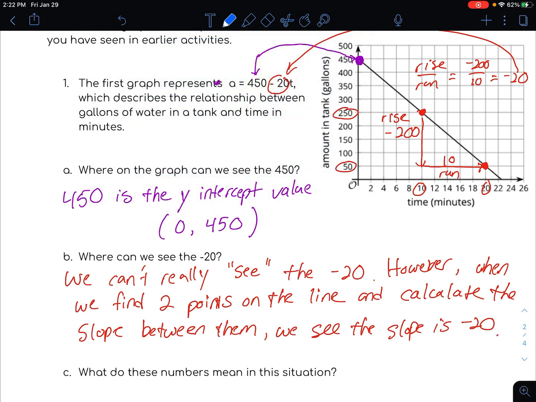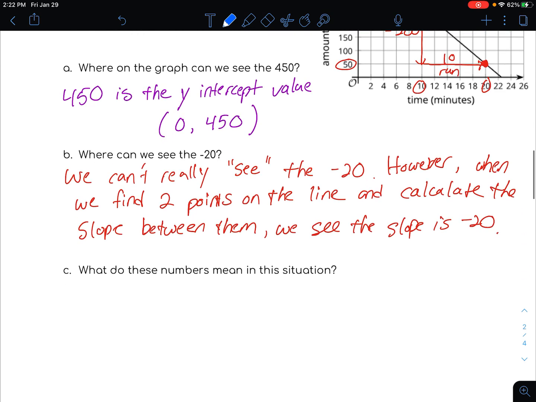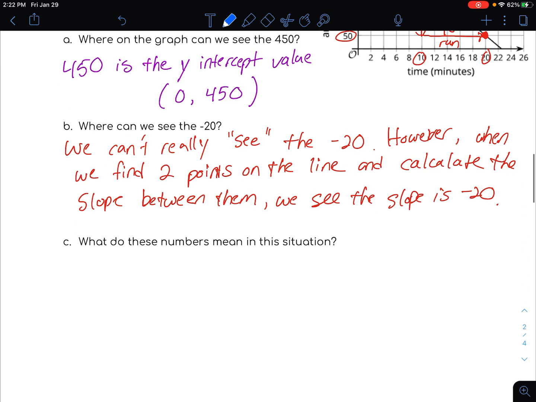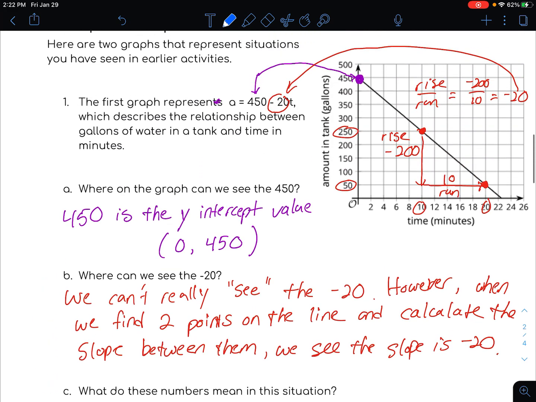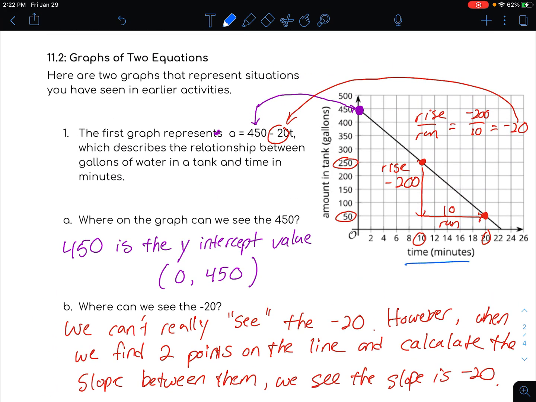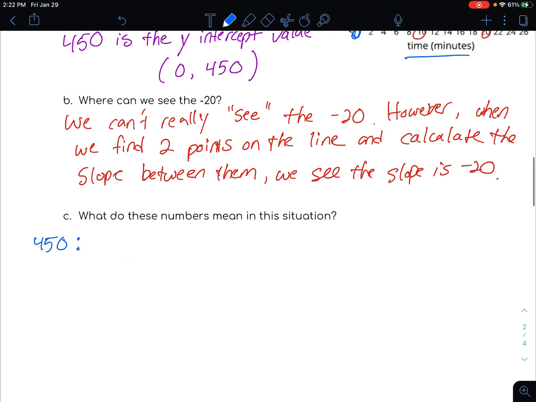All right, so now let's attach meaning to our 450 and our negative 20. So back up in our problem, what did the 450 mean? Let's think about that 450. We're talking about time on our x-axis and amount of water in the tank on the y-axis. So when we're talking about that 450, we're talking about 0 on the time and 450 on the amount of water.